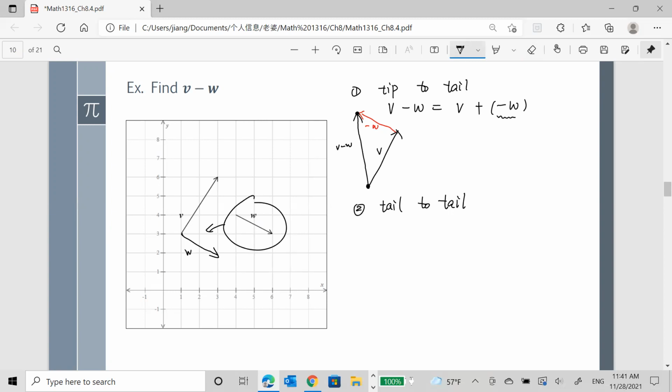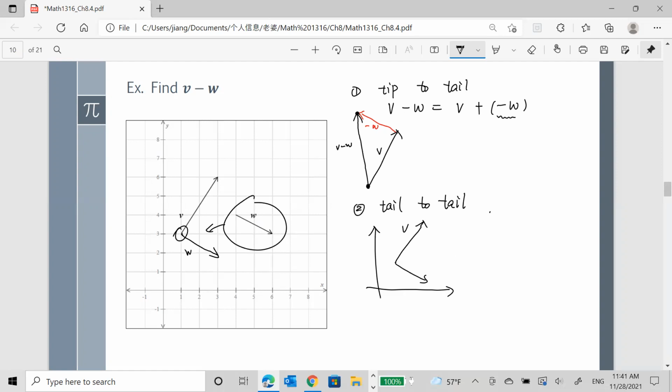Make sure V and W have the same starting point, or the tails head to each other, so that they are together.